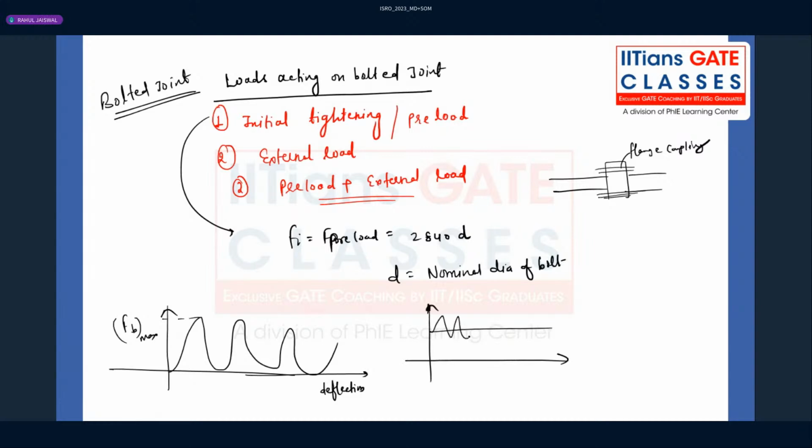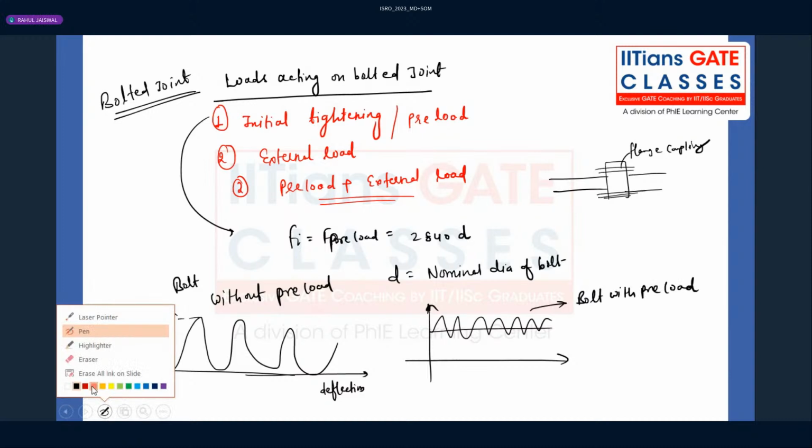The fluctuation of the load will be this one only. That much fluctuation won't happen. The fluctuation of the load will not be that large as compared to the one without. This is the bolt without preload. This is the bolt with preload. Note down.